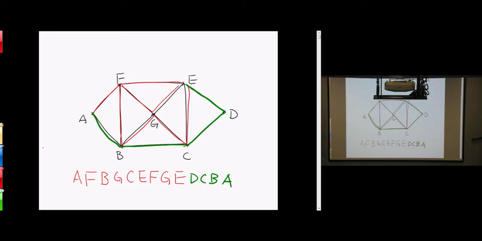So the proof basically says this: if you travel to a point, if you enter, you must go out, because you cannot stay. If you stay, this vertex will have an odd degree, right? If you only enter and do not go out, then this is a single edge.